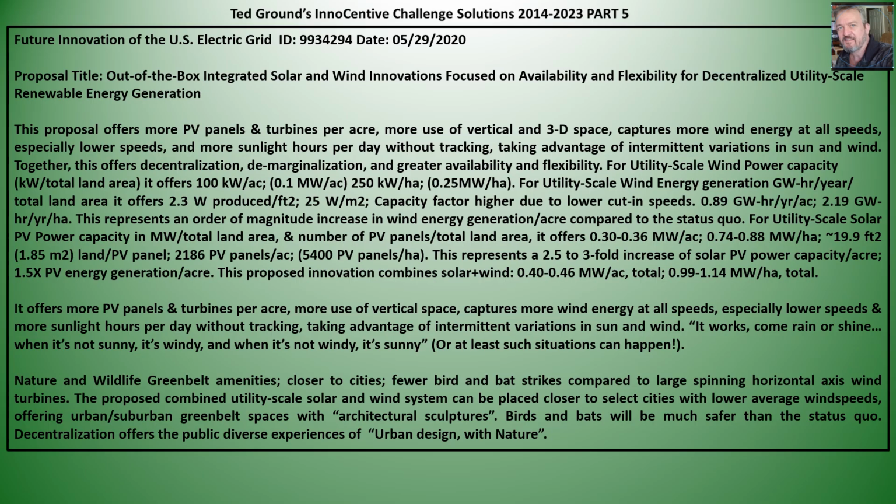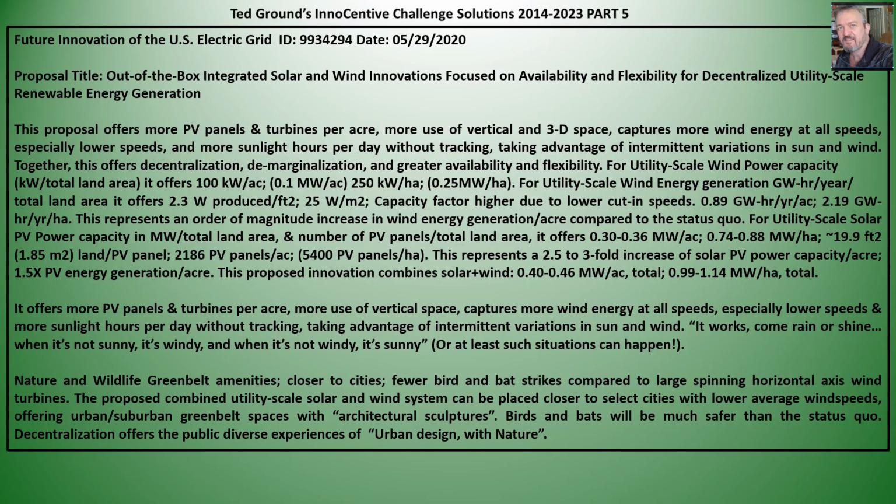So there's more PV panels per acre or hectare. And what that represents is a 2.5 to threefold increase of solar photovoltaic power capacity per acre. And it's about 1.5 times the photovoltaic energy generation per acre.